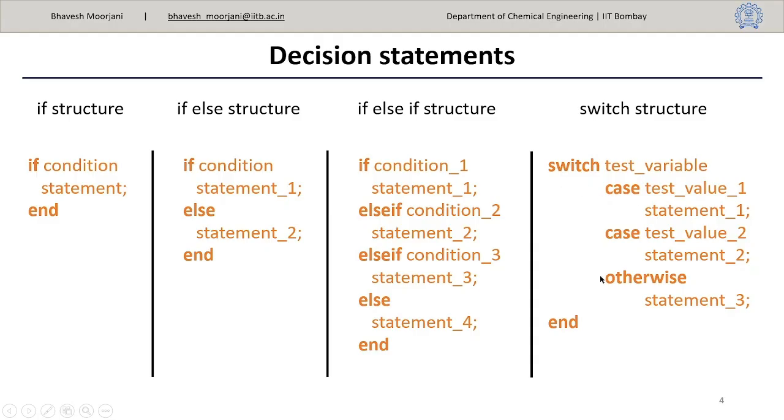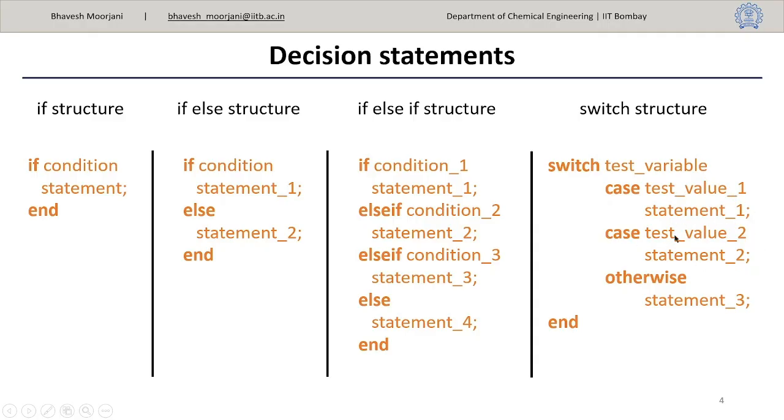In the same way, you have the switch structure, which is similar to if, but here you provide a test variable and multiple conditions for that test variable. The switch structure starts with switch and ends with end. You provide one test variable value and then put in different case scenarios. If the test variable is equal to test value 1, then some part of code will be executed.